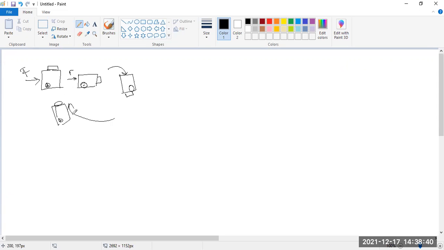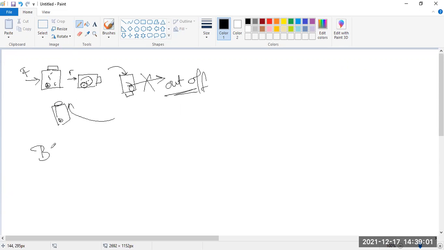What about the ball? The ball is moving here and here, but it never goes out of this jar. So this is stable. This is bounded.